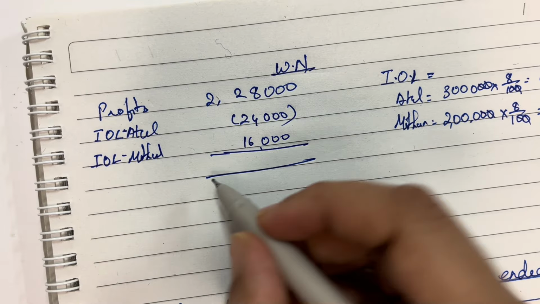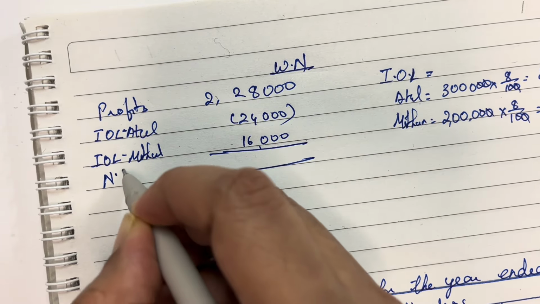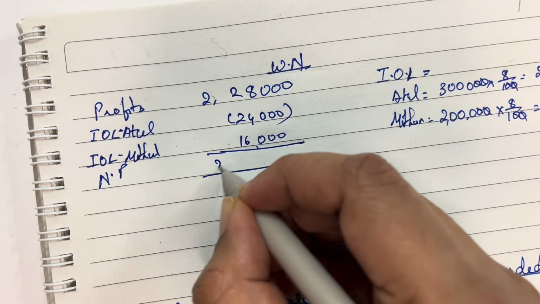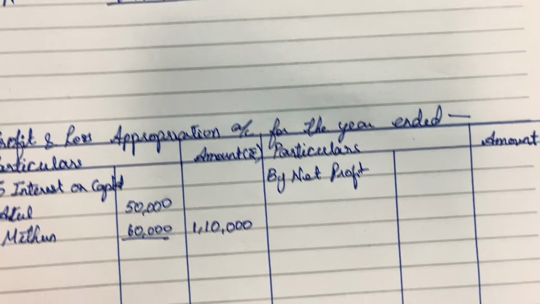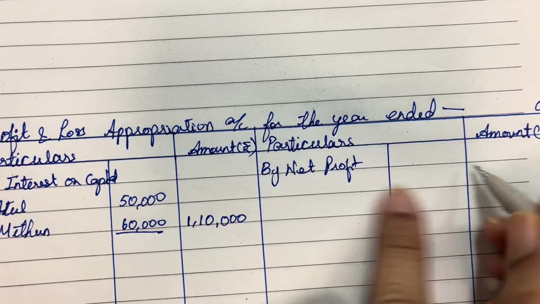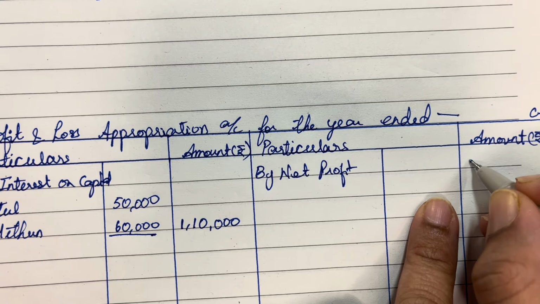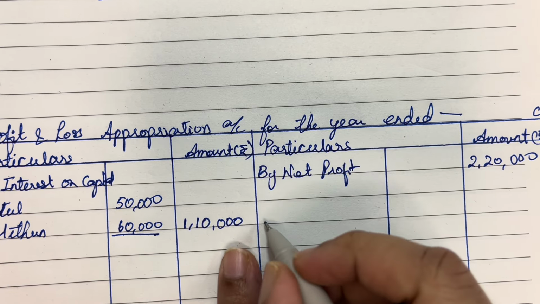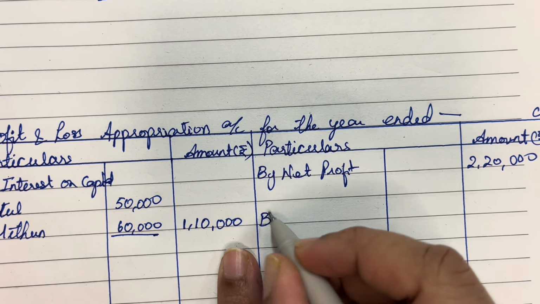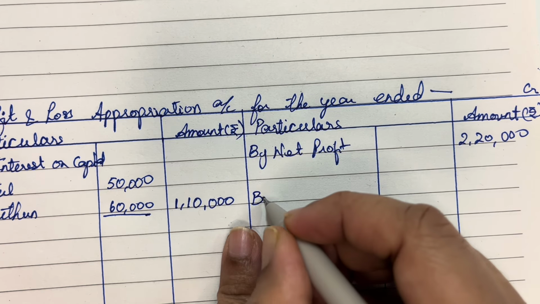So our total net profit will come up to 2,20,000 rupees. By net profit is rupees 2,20,000.